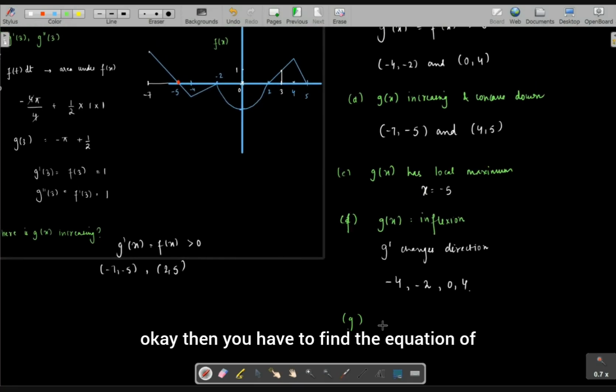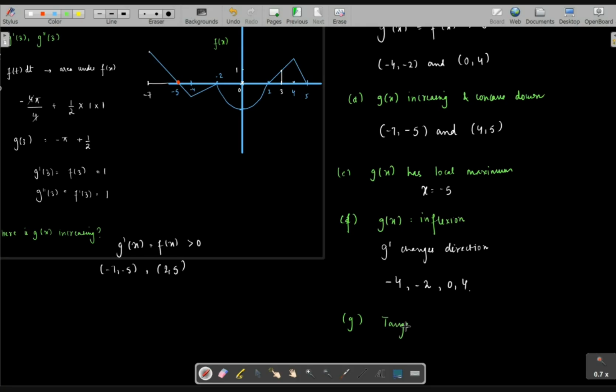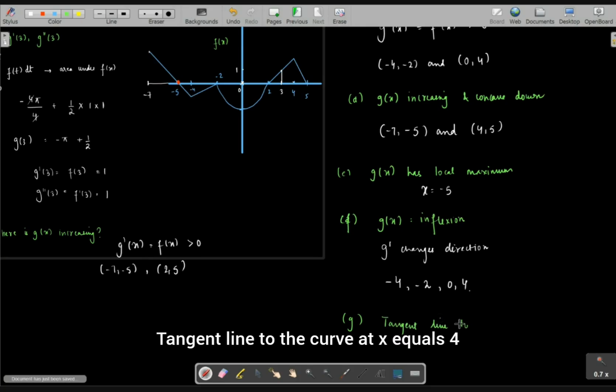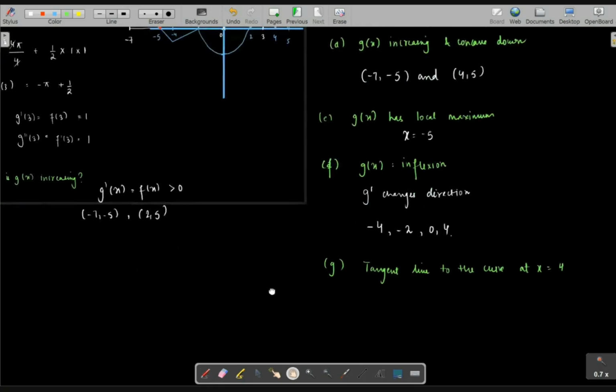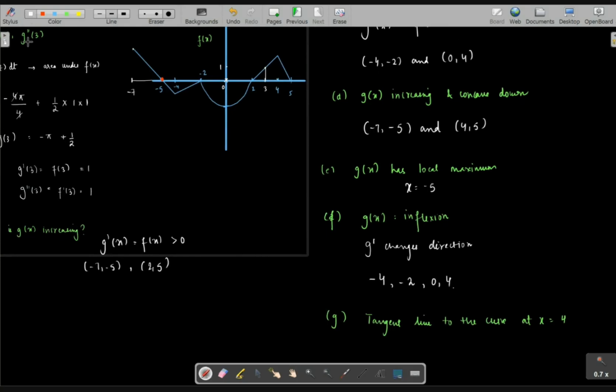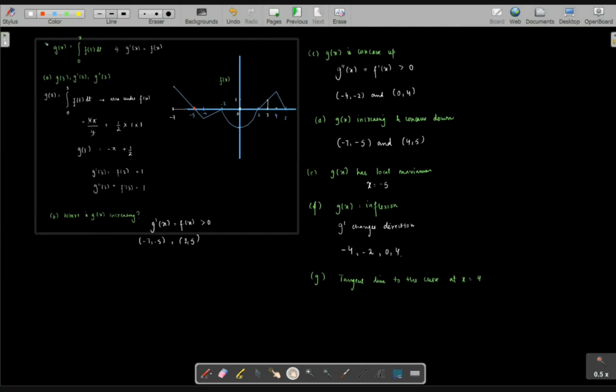Okay, then you have to find the equation of the tangent line to the curve at x equals 4, of g of x. So in order to write the equation of a tangent line, you will need a point.